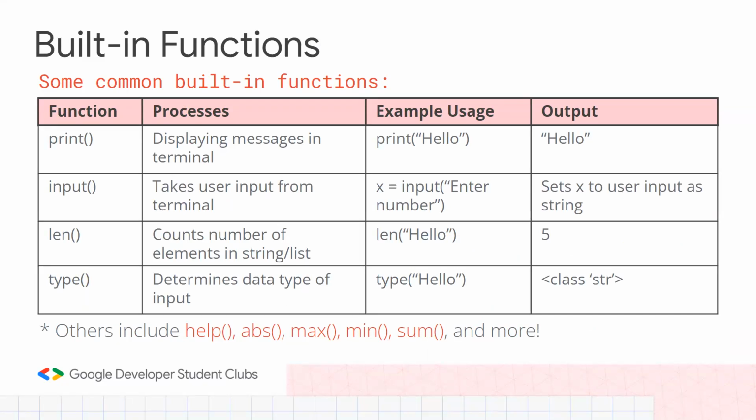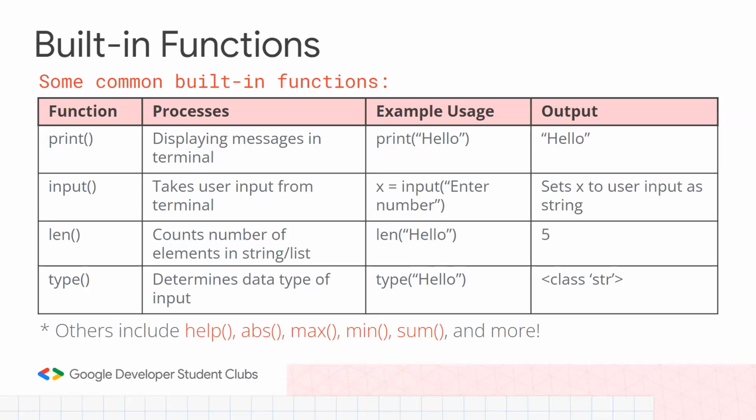The third built-in function here is len. What this does is it counts the number of elements in a string or a list that you input into the len function. For example, len of the string hello outputs 5 because hello is 5 characters long. And the last one I want to go over is type. This determines the data type of the input.